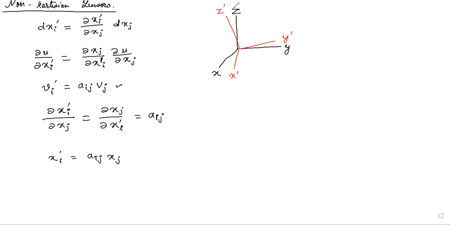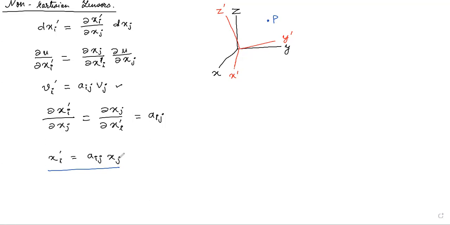Okay, then I take any point here, P. The coordinates of the point P in the xyz frame and the coordinates of the point P in the x prime, y prime, z prime frame are related by this equation. Okay, and here aij is actually the cosine of the angle between the xi prime axis and the xj axis.